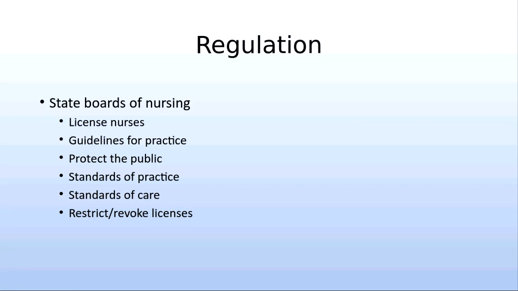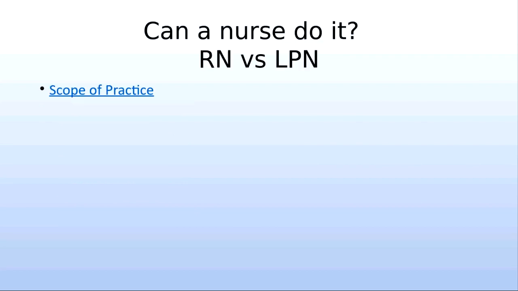And regulation of nursing. This just talks about things that you do, how they keep up with the regulation. We've talked about that, the licensure, the standards of practice, and all of that. And again, if the differences in RN and LPN and what they can do, the best thing to do is look for scope of practice on your Kentucky Board of Nursing website, and it should tell you.